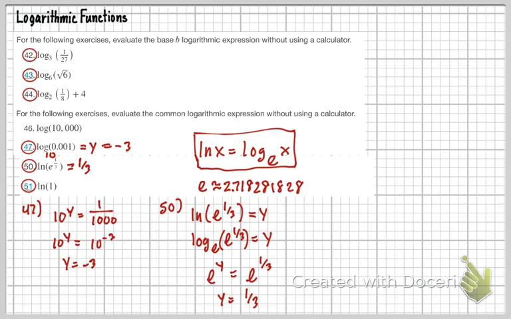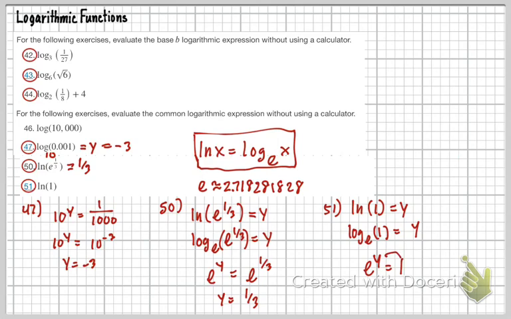Okay, now the last one here, number 51. There's our ln again. Ln of 1. So I'm going to say equals y. And remember, you still might not be comfortable enough yet, but this is really log base e of 1 equals y. So that's e to the y equals 1. Would you guys agree, what can I put as that exponent so that I get a 1?